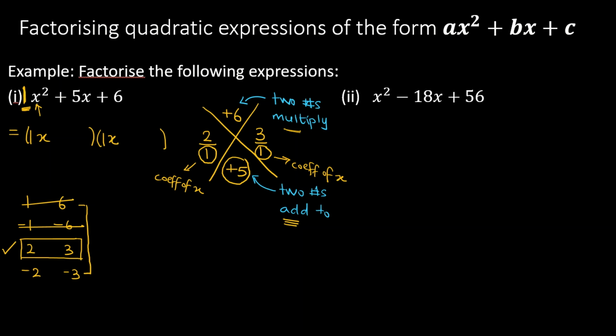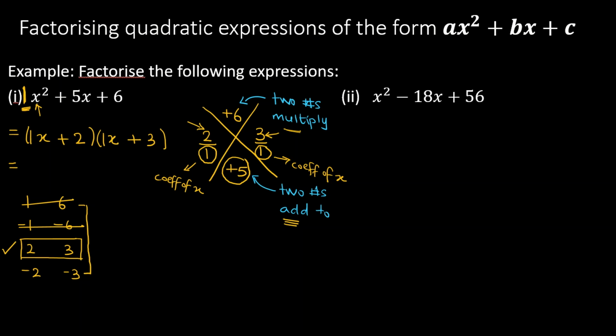Right? Now we consider the numerators. We have positive 2, so you write down positive 2 in the first bracket. The second numerator is positive 3, you write down positive 3 in the second bracket.